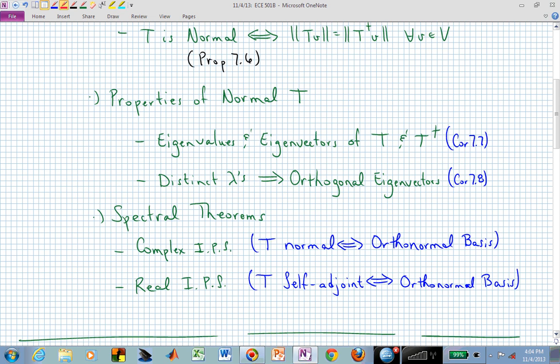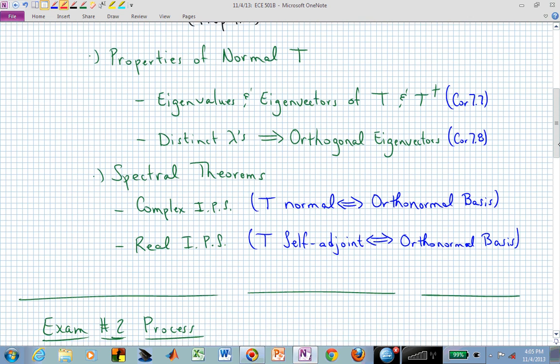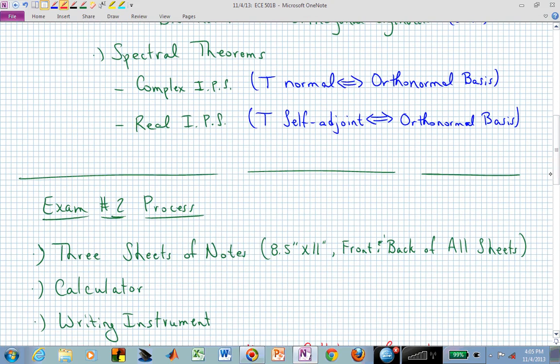You obtain orthonormal basis if and only if T is normal. On the real, if T is self-adjoint, if T is equal to T star, or T dagger, then you also have orthonormal basis. And those are some spectral theorems that are nice, and that allows us then to say a little bit more about these maps and their properties.